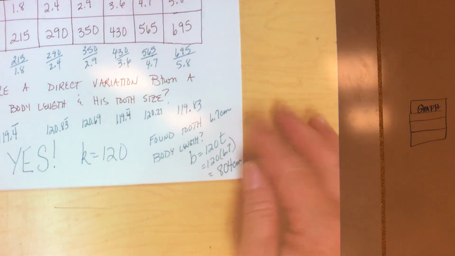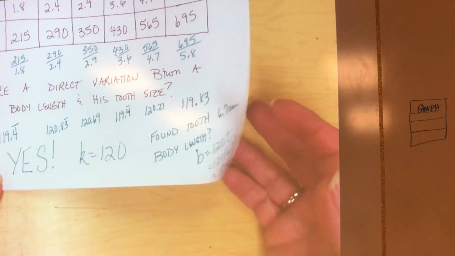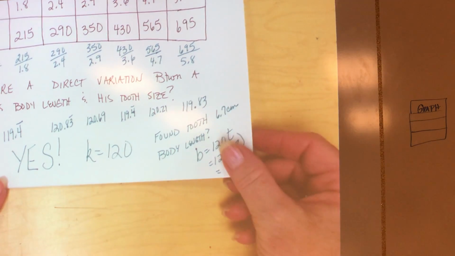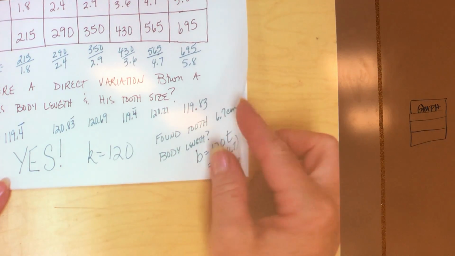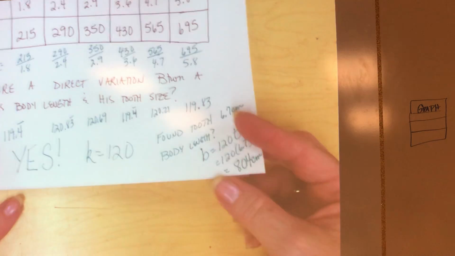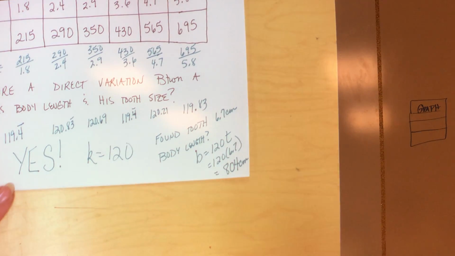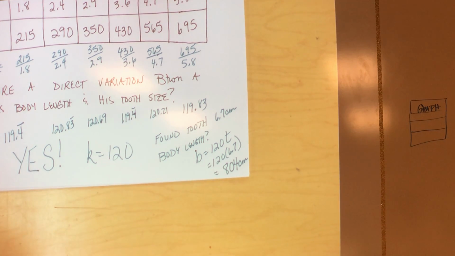How many centimeters are in a foot? I'm an American. We say the metric system, even though it's so much easier than any other system that we have. The metric system is amazing because the metric system goes by 10. Listen to our system. 12 inches in a foot, 3 feet in a yard, 5,280 feet in a mile.